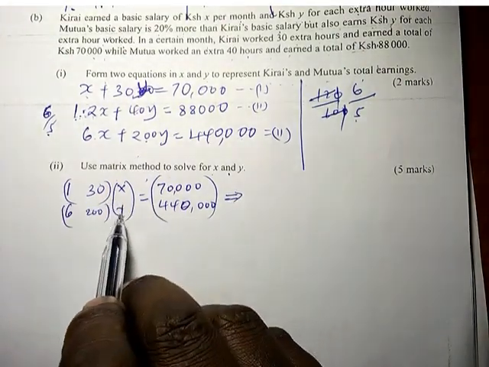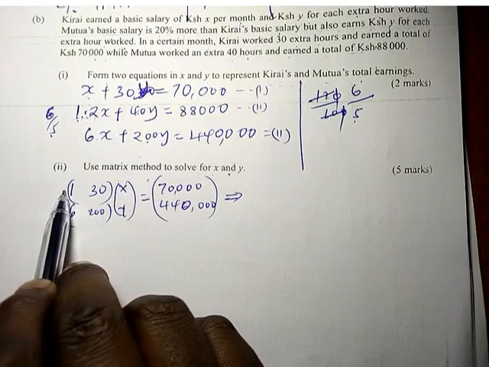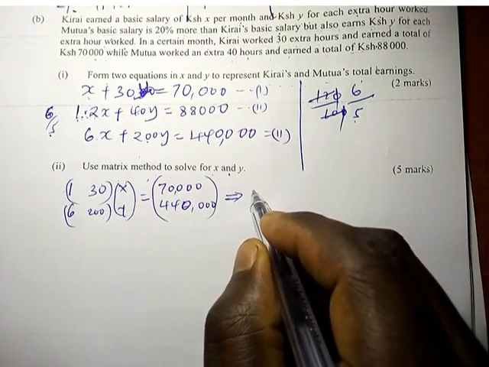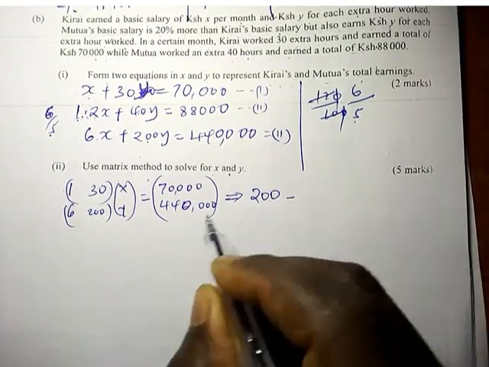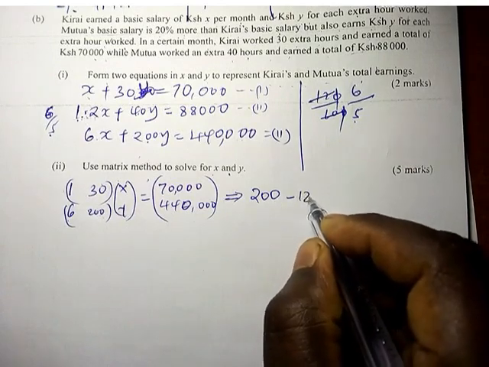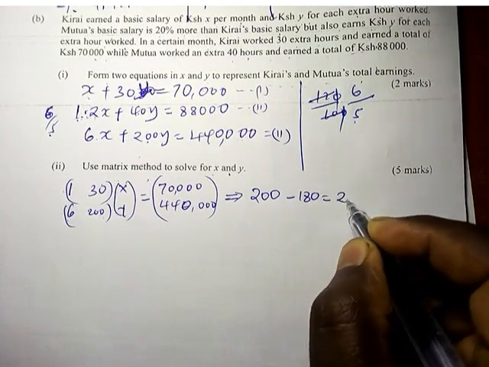So let us get the determinant. The determinant is 1 times 200, that is 200 minus 180, and that one is going to give us 20.